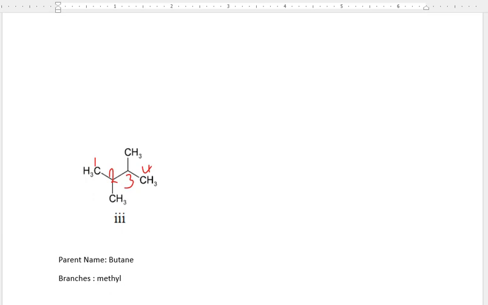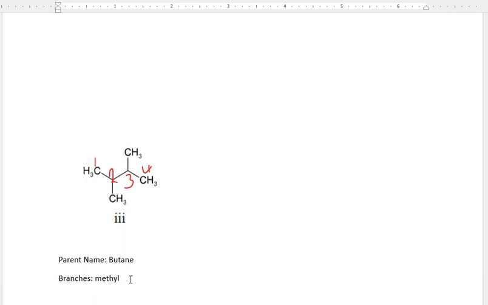Okay, so I am going to bring a new concept here: the way we can identify the arrangement of branches.